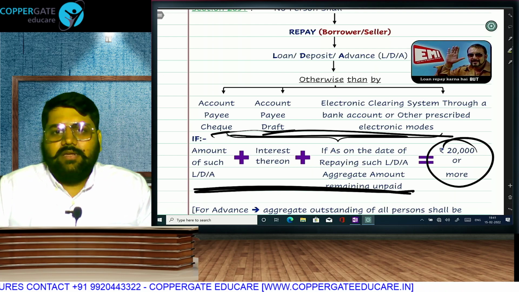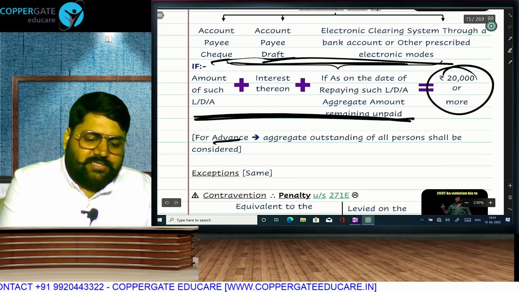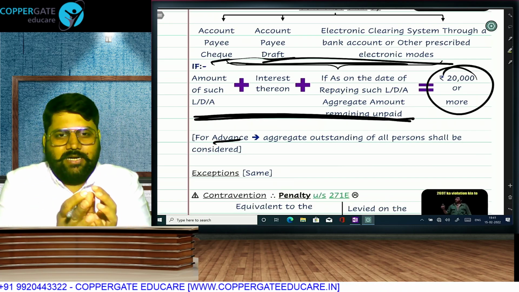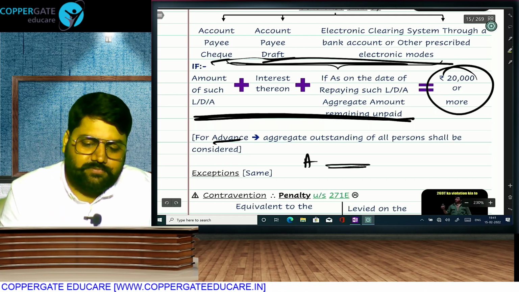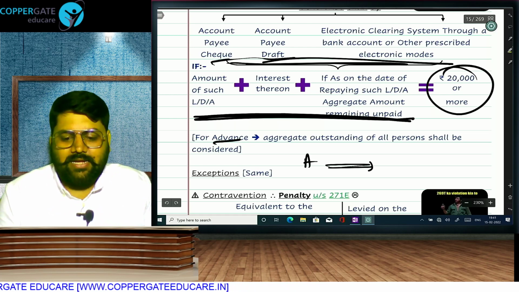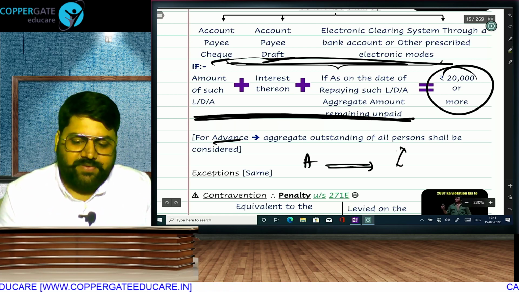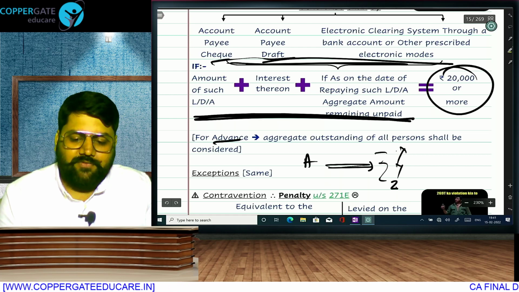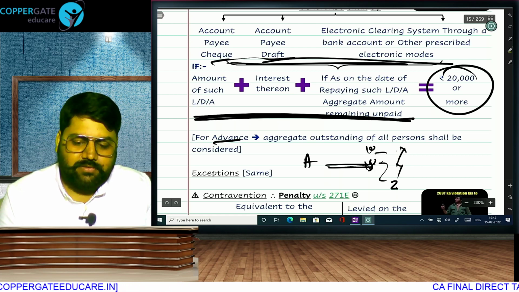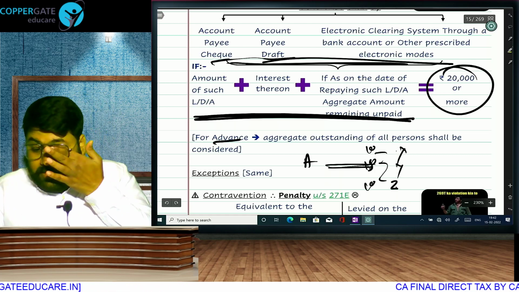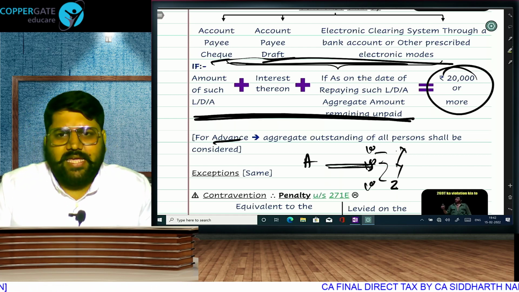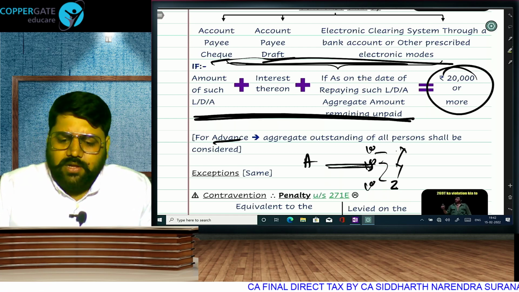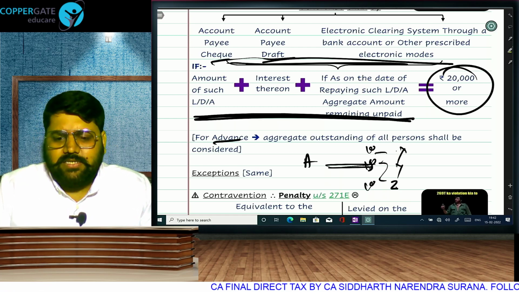Otherwise, same penalty. And for property advance, if there are multiple buyers or sellers, we will check the total. Suppose I am selling a property to 3 people, X, Y, Z, and I have got a token of 10,000 from each. When X, Y, Z return my token, what is to be checked is the total outstanding.